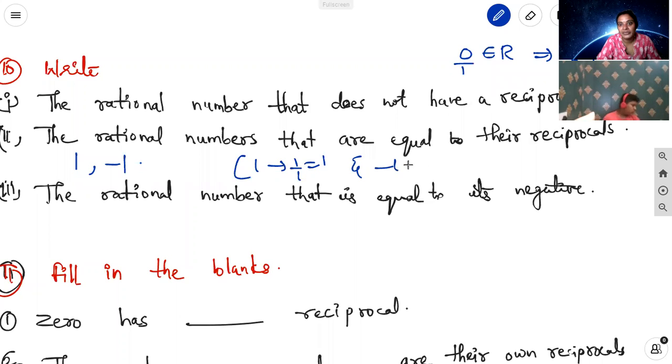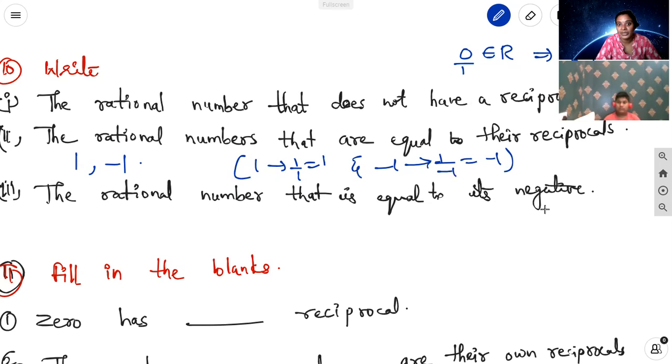And minus 1's reciprocal is 1 by minus 1, equal to minus 1. So what are the numbers? 1 and minus 1.